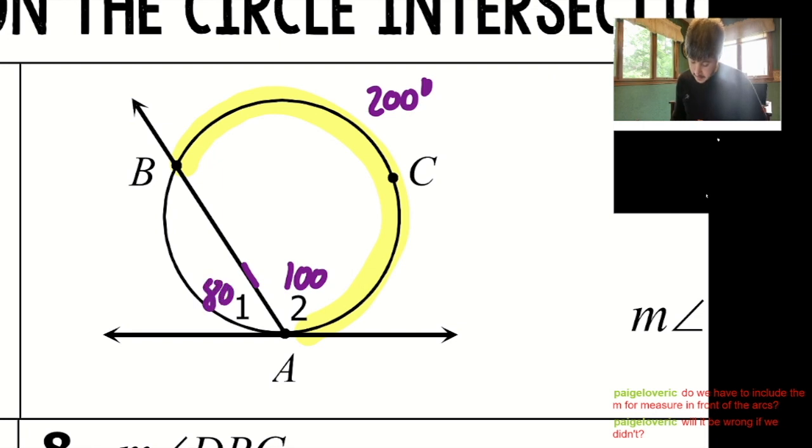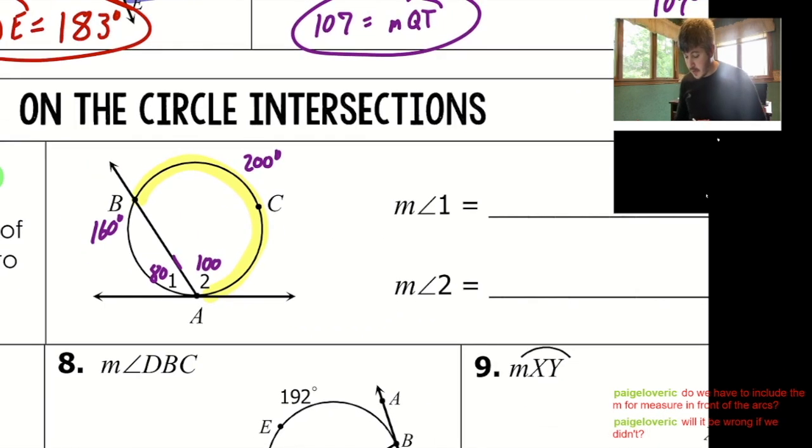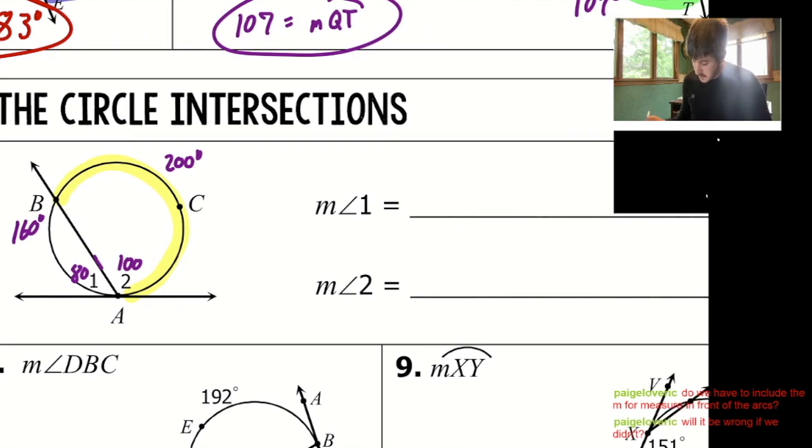This would have to be 80 degrees, and then the other arc would have to be 160 degrees. So technically with this, if you know that a tangent and a secant or a chord are intersecting each other like this, if you know one angle, usually you can figure out the other three pretty easily. Other two arcs or angles. So over here, the measure of angle 1 is 1/2 the measure of arc AB.